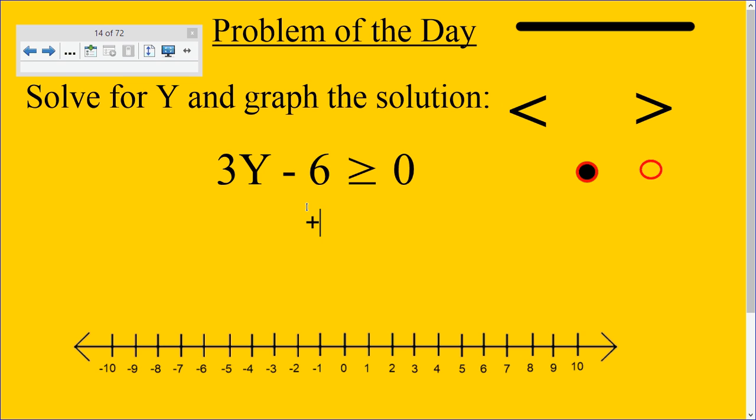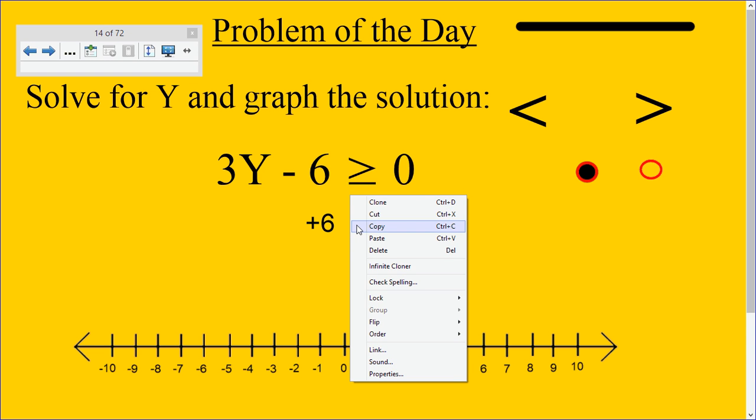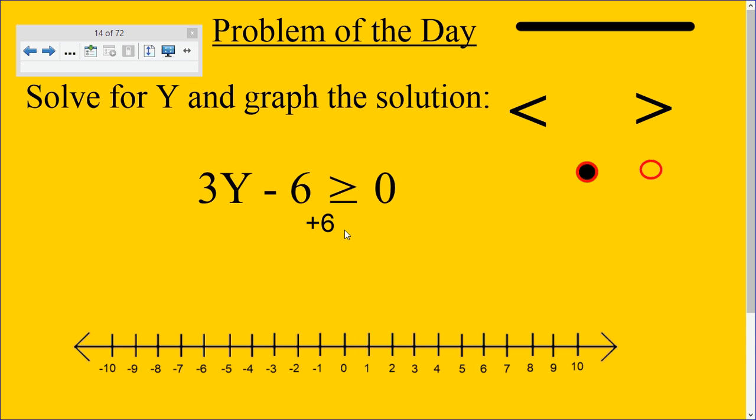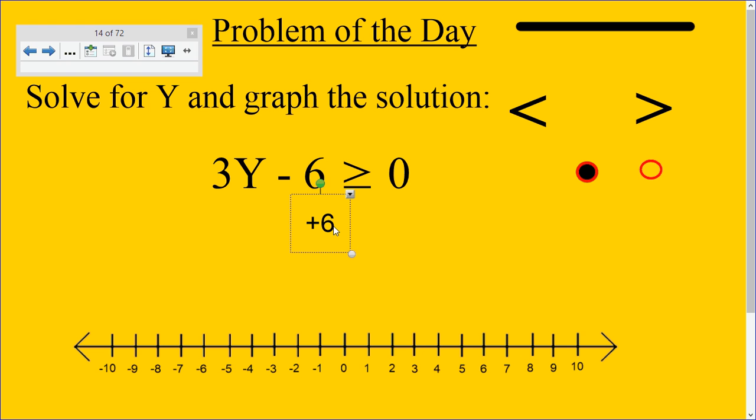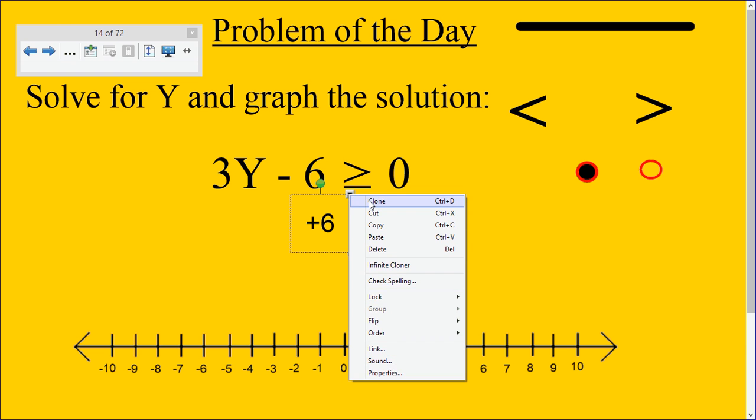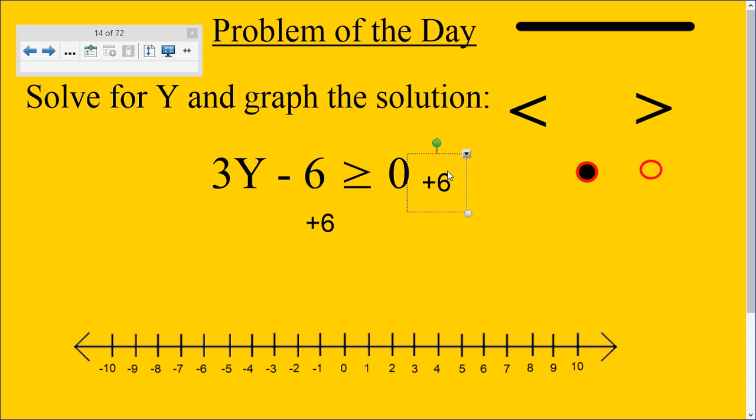So the first thing I'm going to do is add 6 to both sides. Plus 6 to both sides. 0 plus 6 will give me 6.